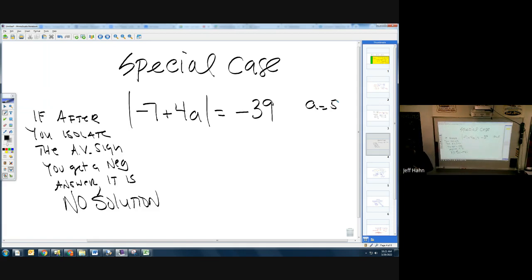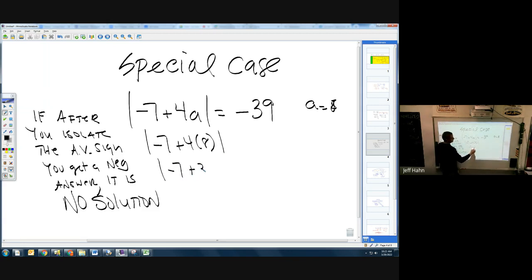Let's say I got 8. So in the absolute value, you get negative 7 plus 4 times 8. I get negative 7 plus 32. What's negative 7 plus 32? 25, right?